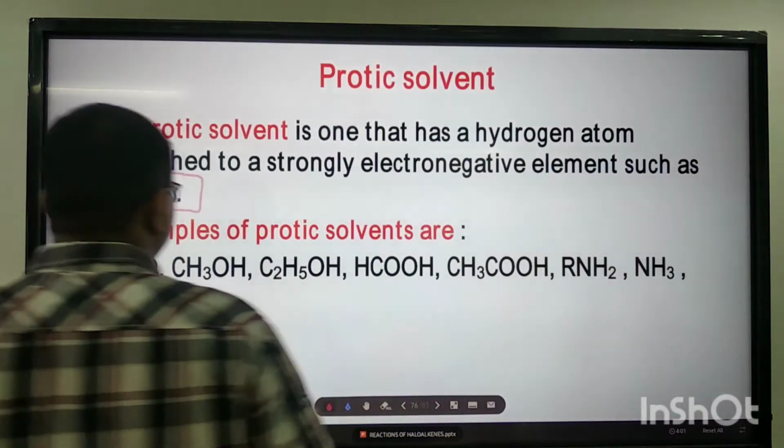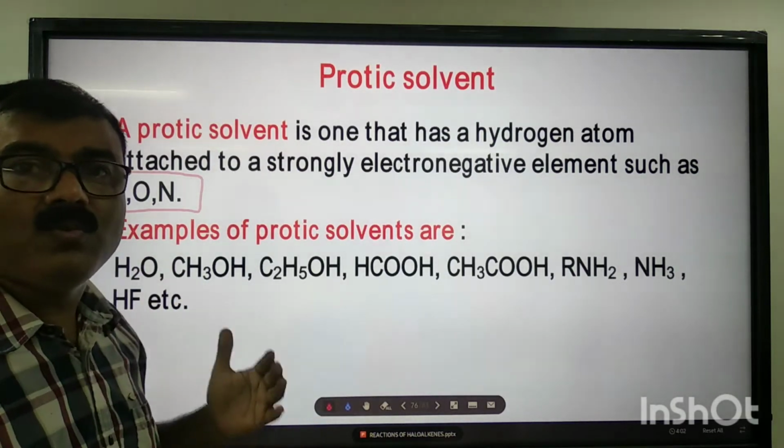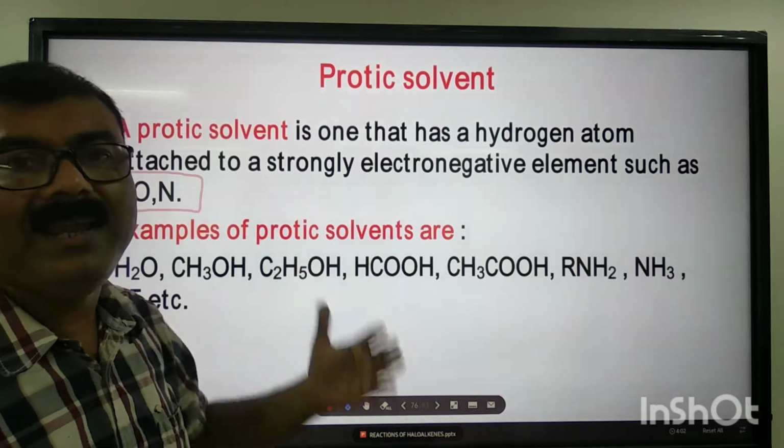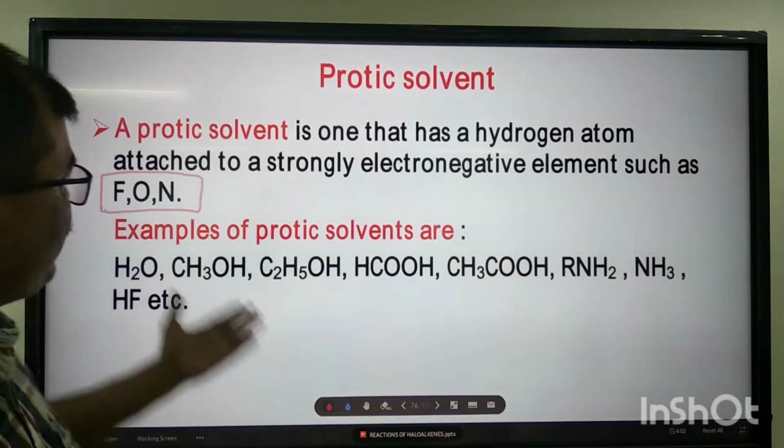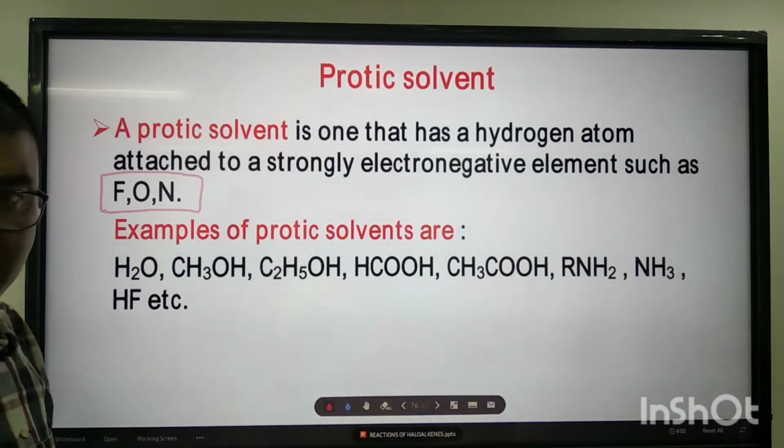So in protic solvent, the hydrogen atom must be attached to a highly electronegative element.